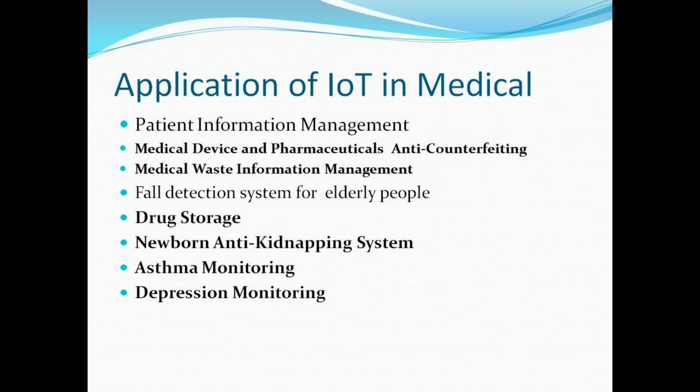One is medical device and pharmaceutical anti-counterfeiting. Normally, when we use different types of equipment, there may be some counterfeit medical devices. Say a particular medical device is assigned to a specific location.